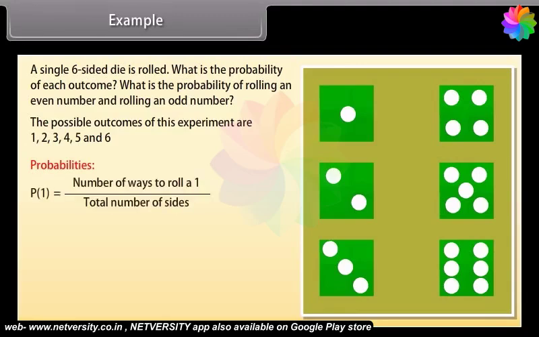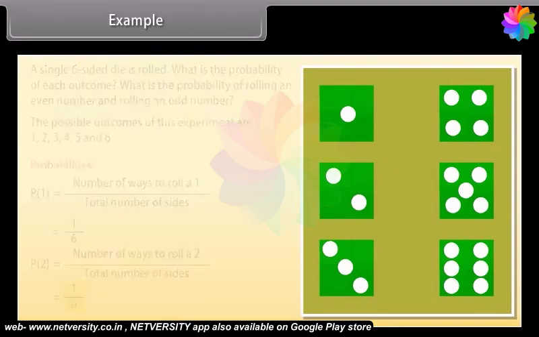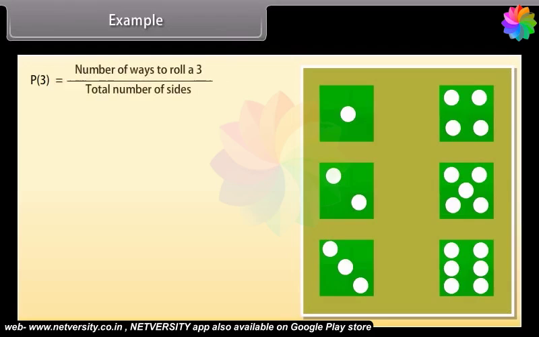Probability of 1 is number of ways to roll a 1 by total number of sides is equal to 1 by 6. Probability of 2 is number of ways to roll a 2 by total number of sides is equal to 1 by 6. Similarly, the probability of 3 is number of ways to roll a 3 by total number of sides is equal to 1 by 6. In the same way, we will find the probabilities of 4, 5 and 6.